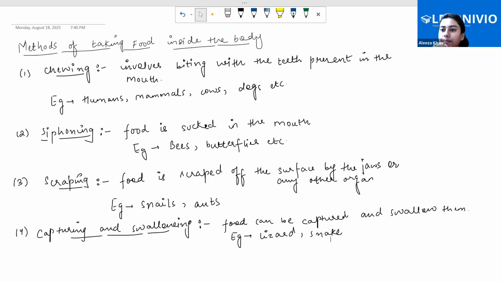Is it good for them? No, because the food can get stuck in your throat. And your teeth are present in your mouth for converting the complex food substances into simpler ones, so that once the food goes into your stomach, it can be digested easily.